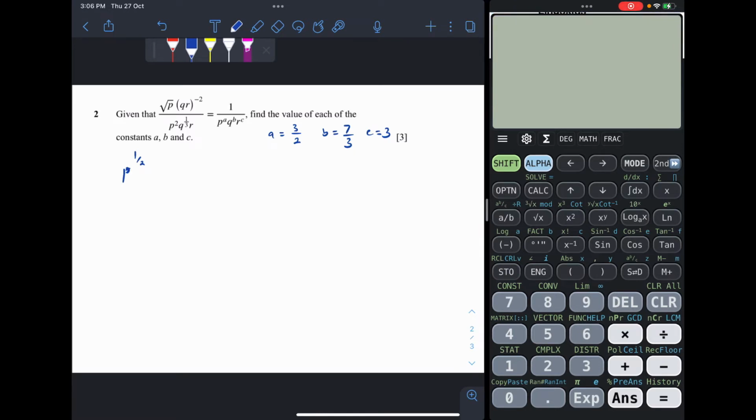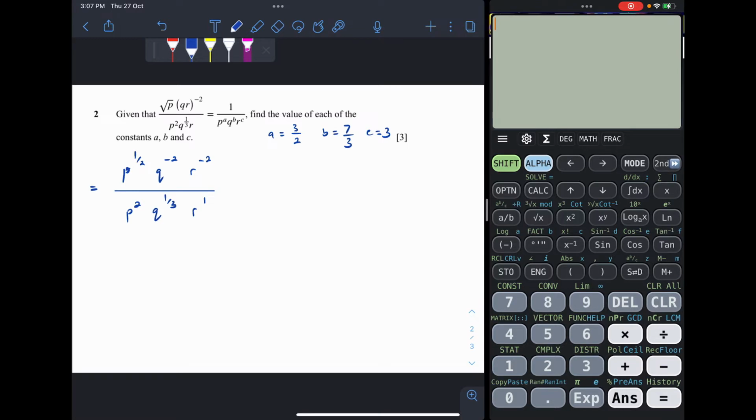So when it multiplies with negative 2, you're going to get negative 2 on the inside, so it will become q to the power of negative 2, r to the power of negative 2 as well, over p squared q to the 1 over 3, and r to the power of an invisible 1.